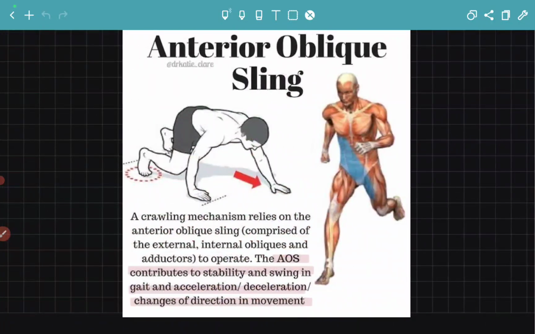So this was a small but important fact how in gait in swing phase or while acceleration, deceleration or changes of direction has to correlate with this anterior oblique sling, or anterior oblique sling has a great role to play in that.